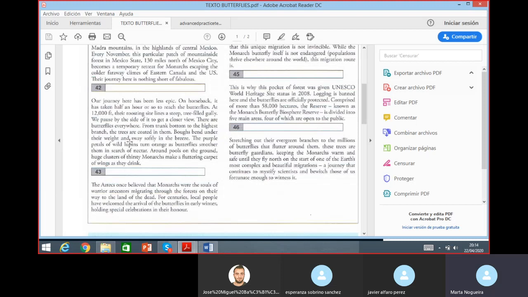It is very literary, the text. So that's why it is difficult. I think this is the most difficult text I have encountered, but I said, well, they want it difficult to learn vocabulary, it is good. In search of nectar around pools on the ground.